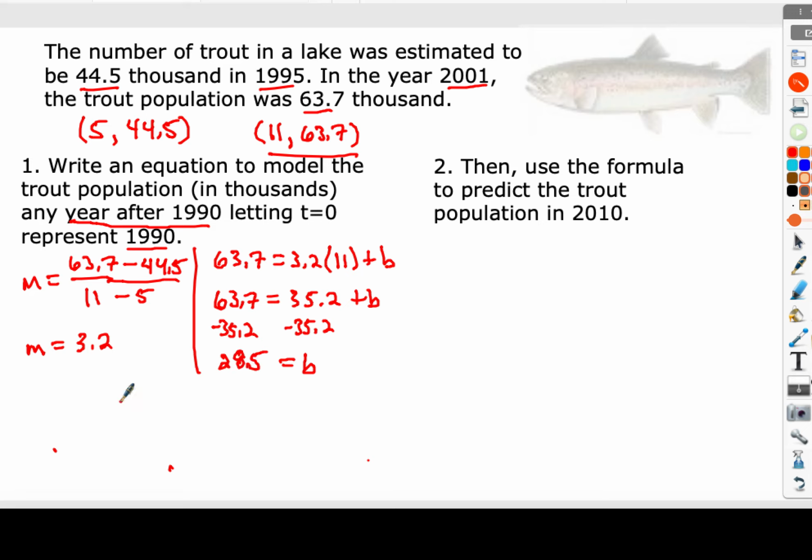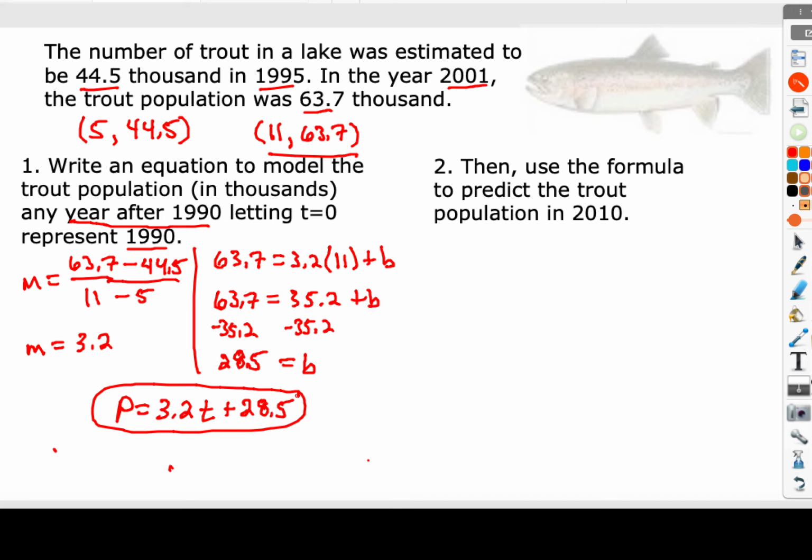And we have a model then. The population will equal 3.2 for the slope times t for the input plus 28.5. There's an equation modeling the number of trout or the population of trout in thousands any year after 1990.